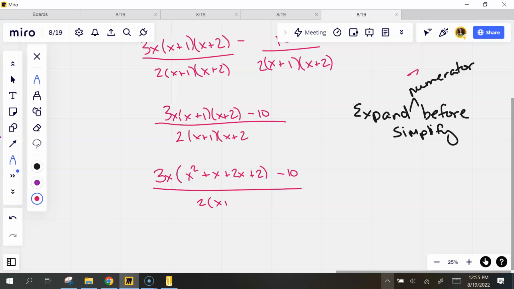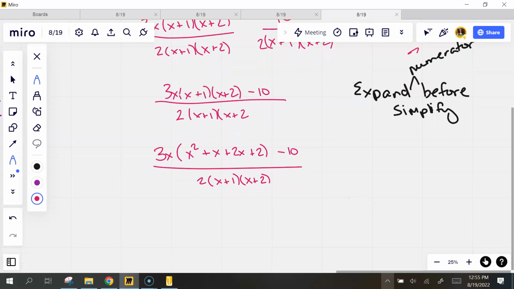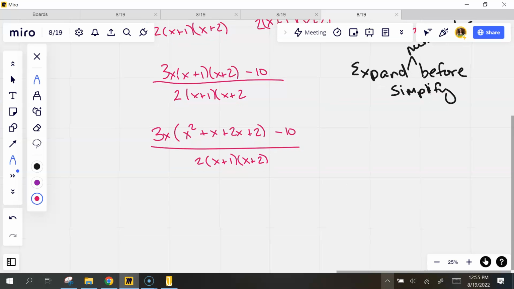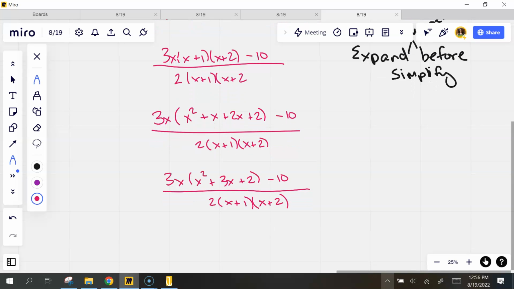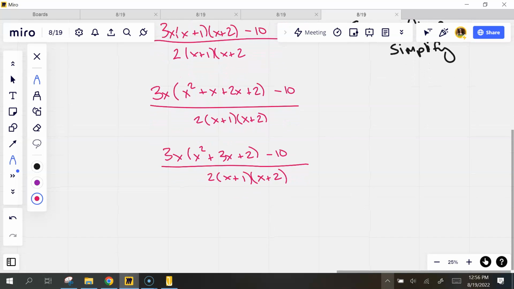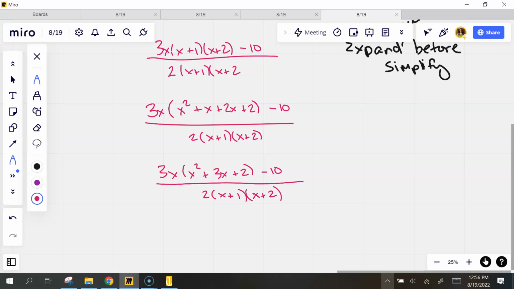I'm just multiplying that top out. So I just FOILed out here, and now I have x squared plus 3x plus 2. I'm just going to keep going. And now I'm going to multiply through. All I did was FOIL out those two binomials.